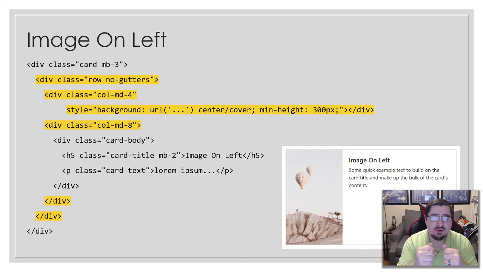And the reason I needed to do that, if I didn't give this image a minimum height, then two things would happen. First of all, on desktop here, the image would only be as tall as the text. And then on mobile, remember it's turning and becoming vertical, so the image is going on top.